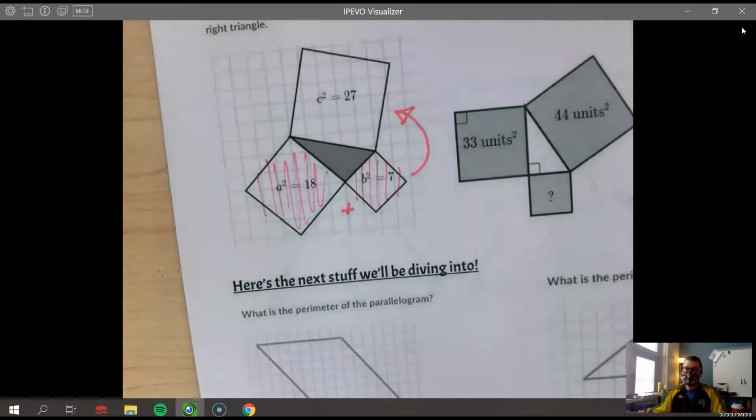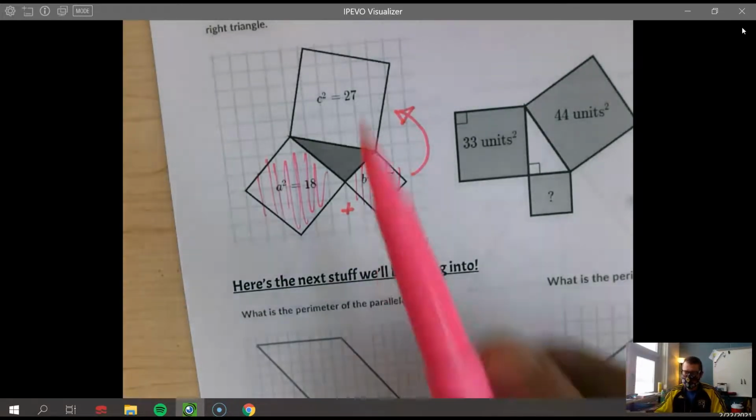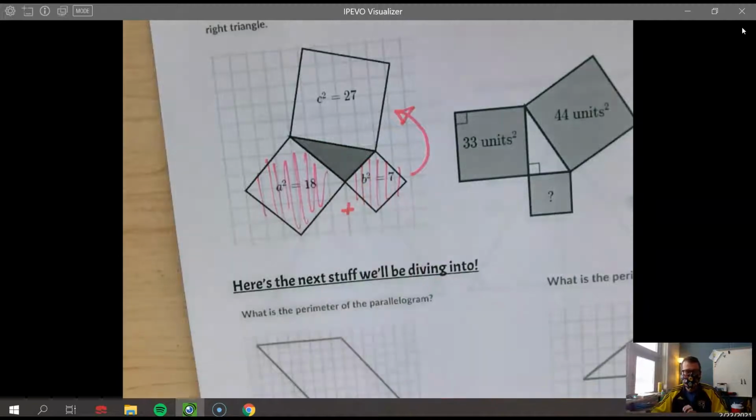Now, where this goes crazy, this works for any shape. Now, the Pythagoreans did not figure that out. So, technically, I'm smarter than Pythagoras, right? No, I'm joking.